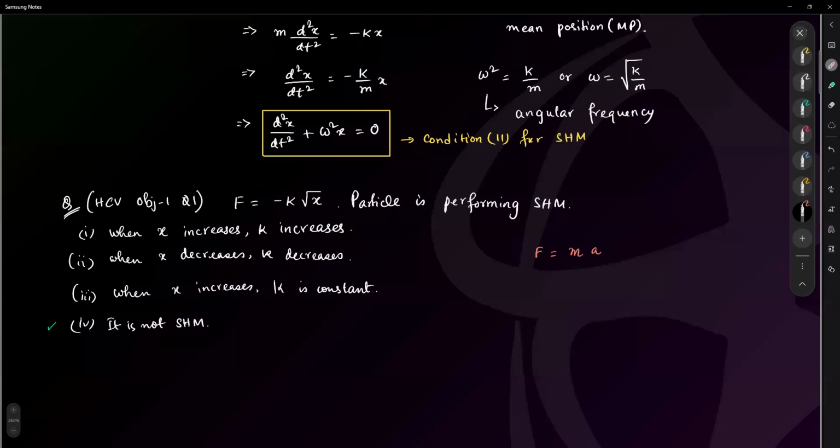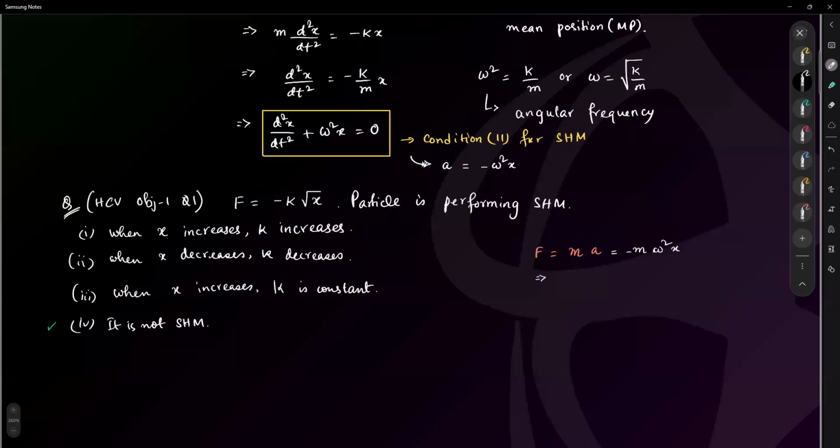One parameter is acceleration, but we can write the equation of acceleration from here itself, because d square x by dt square is acceleration itself. So a is equal to minus omega square x, right? So F should be equal to m into, or rather minus m into omega square x.